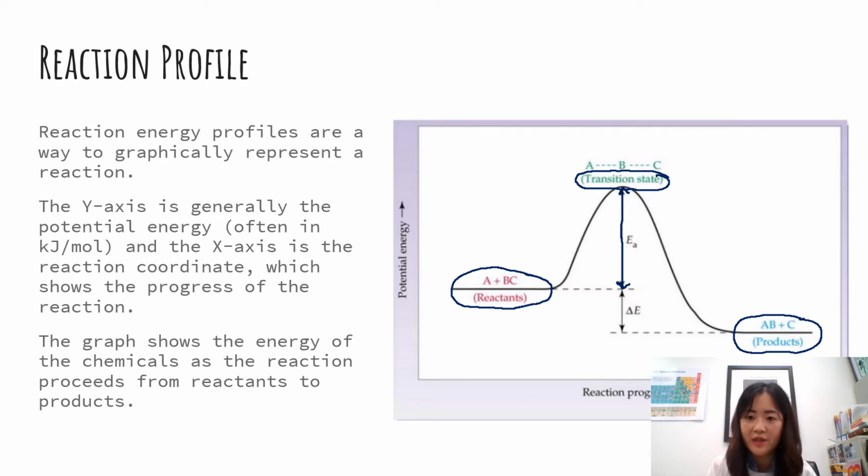Those are the products. The transition state is what occurs when a collision happens between the molecules of A and BC. It's the part where they're all together, usually in some sort of orientation where the bonds are going to break and the new bonds are going to form.